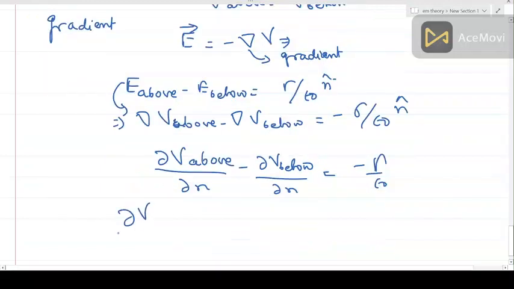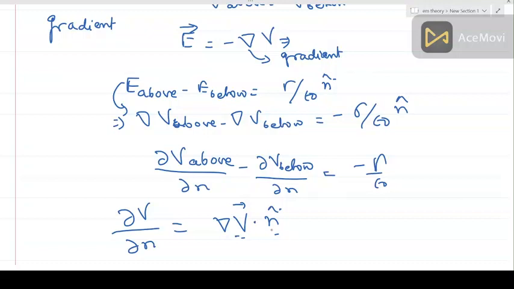Del V upon del n is equal to the gradient of V, which is the electric field, dotted with n, the unit vector. Both are vectors. When you apply gradient on a scalar, you get a vector. This is a dot product of two vectors. So you conclude that the normal derivative of potential can be expressed in this way: the rate of change in the direction perpendicular to the surface.